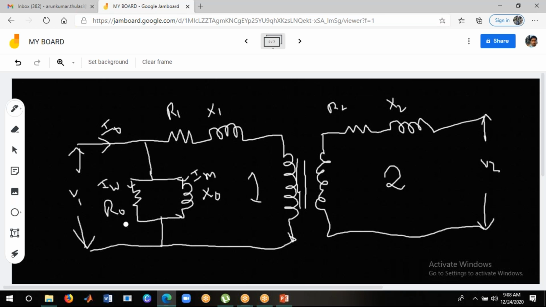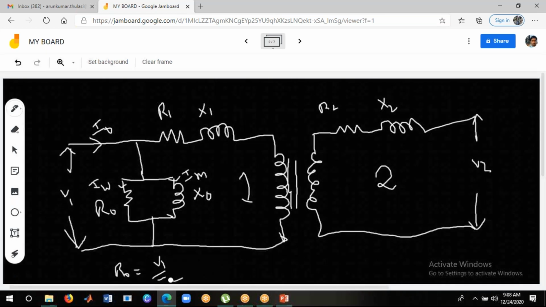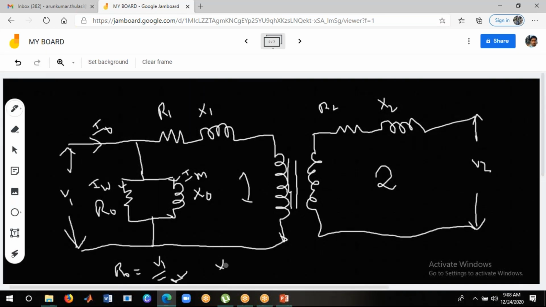For finding these values, we need R0 equals V1 divided by IW and X0 equals V1 divided by IM. You have already done this problem in the OC and SC tests. Here I0 is flowing and I0 is splitting into IW and IM.